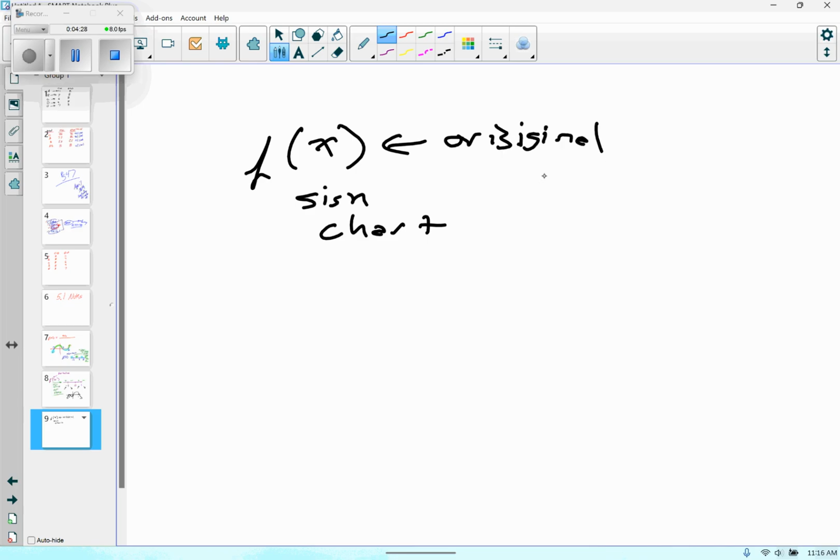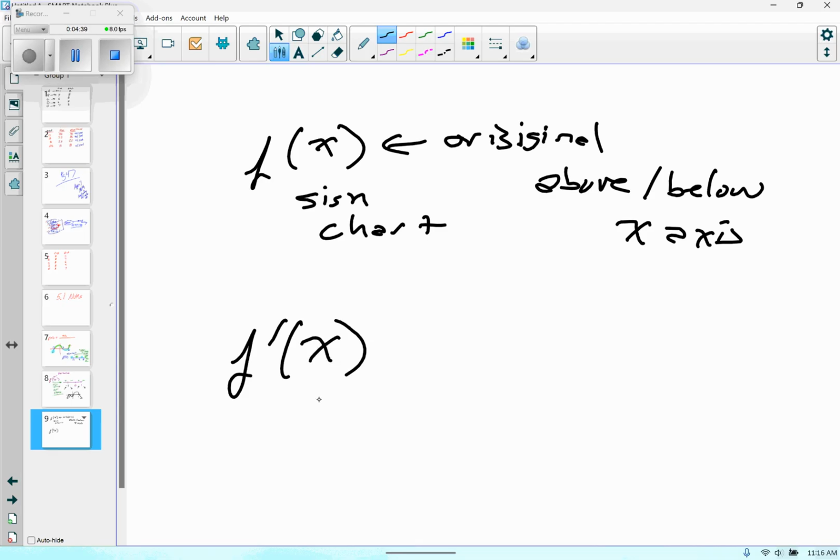This would deal with above and below the x-axis. If you have the derivative sign chart, that would mean your slope being positive or negative, and there are times that your slope could be 0. Okay, so that's what I wanted to start this stuff out with, if that makes sense.